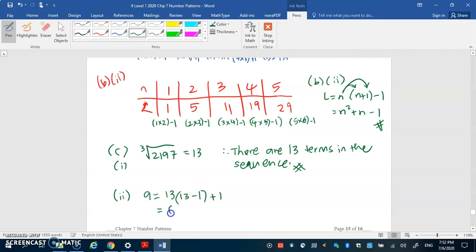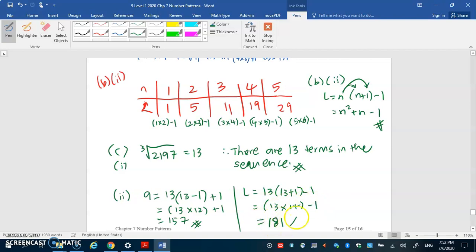So that's 13 times 12 plus 1, which will give me 157. How about L? L is n times n plus 1, then the whole thing minus 1, right? So 13 times 14 minus 1, I will get 181.